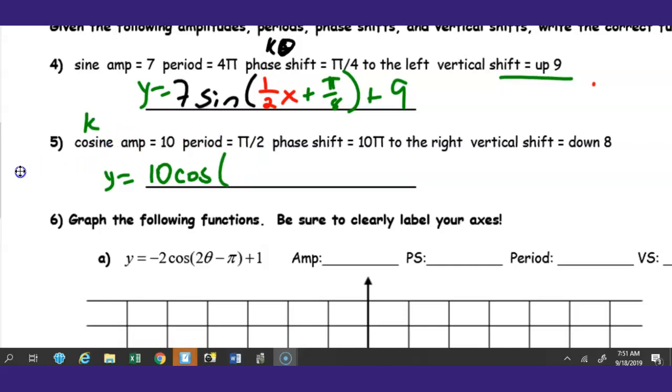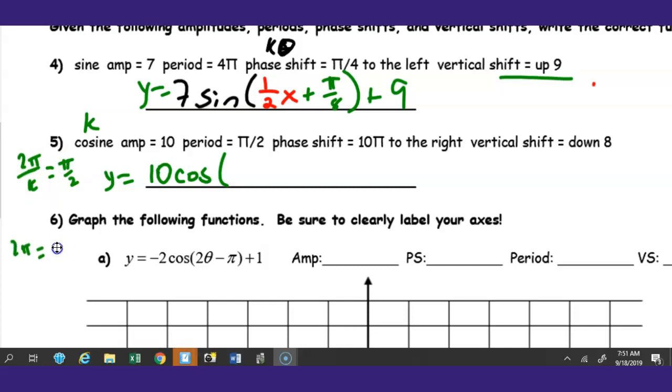So, remember, we have 2 pi over k equals our period, right? Well, in this case, we know what our period is. Our period is going to be pi over 2. Okay. So, again, multiply by k on both sides.